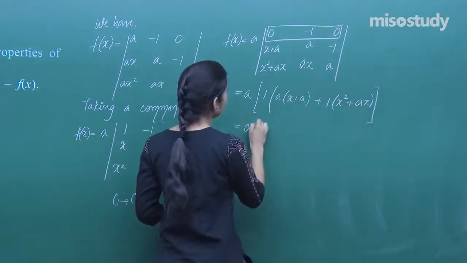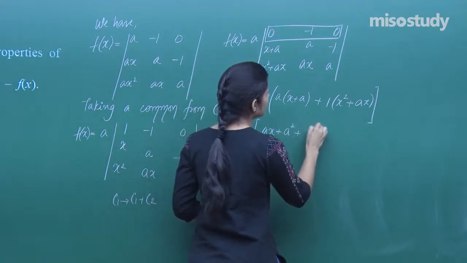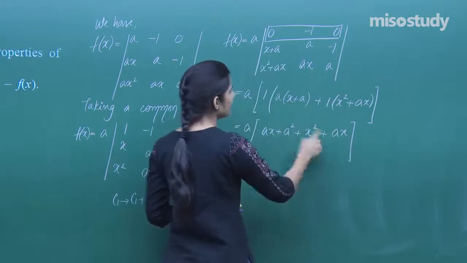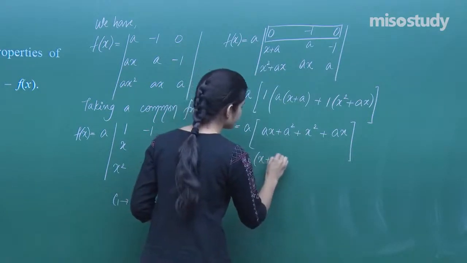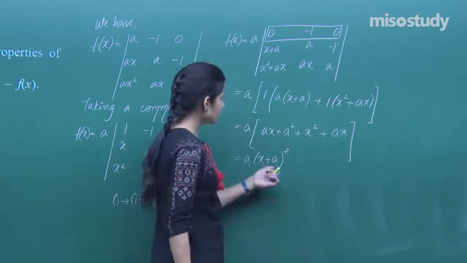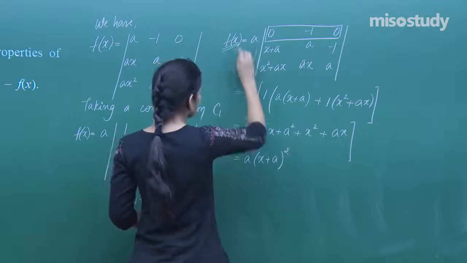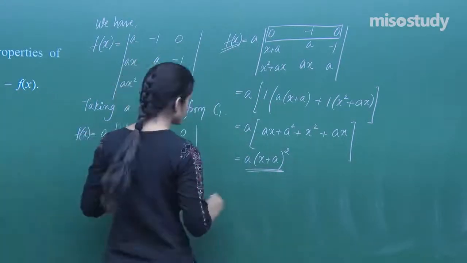So this gives me a times ax plus a square plus x square plus ax. So x square plus 2ax plus a square is x plus a whole square. If f of x is coming out to be a times x plus a whole square, I want f of 2x minus f of x.